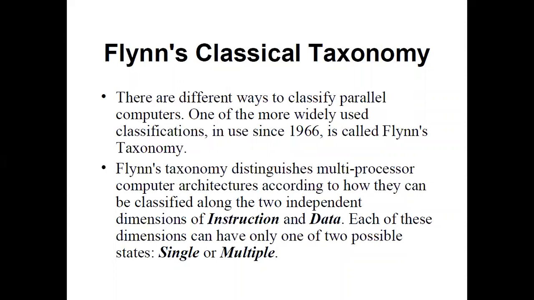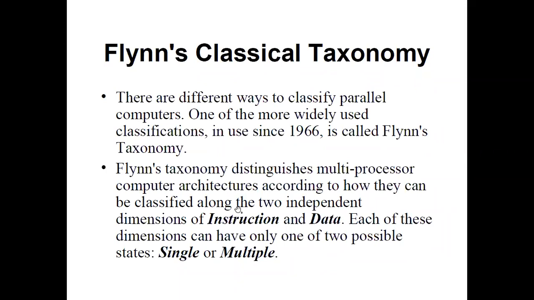Then there comes Flynn's classical taxonomy. What is meant by Flynn's classical taxonomy? There are various ways to classify parallel computers. One of the most widely used classifications is Flynn's taxonomy, which we have been using since 1966. This taxonomy distinguishes multiprocessor computer architecture based on two dimensions.